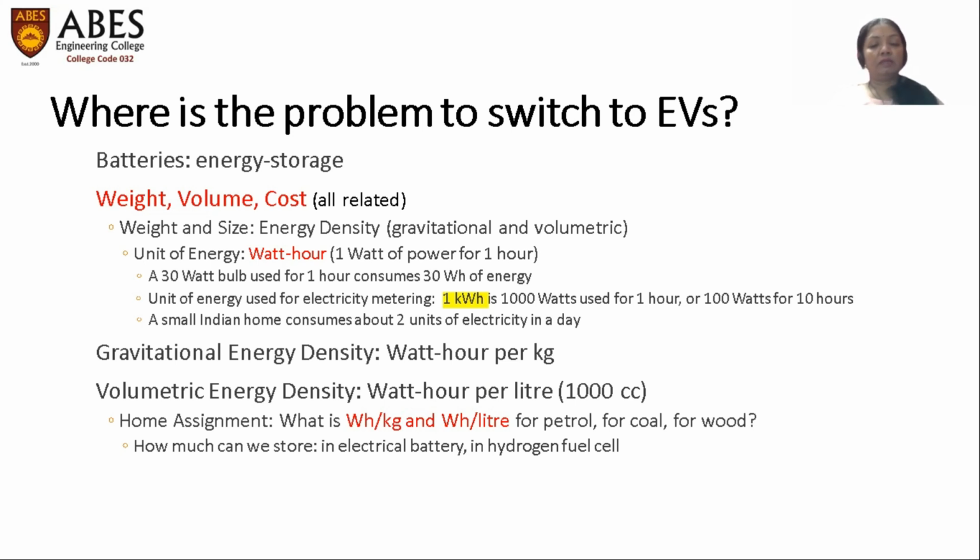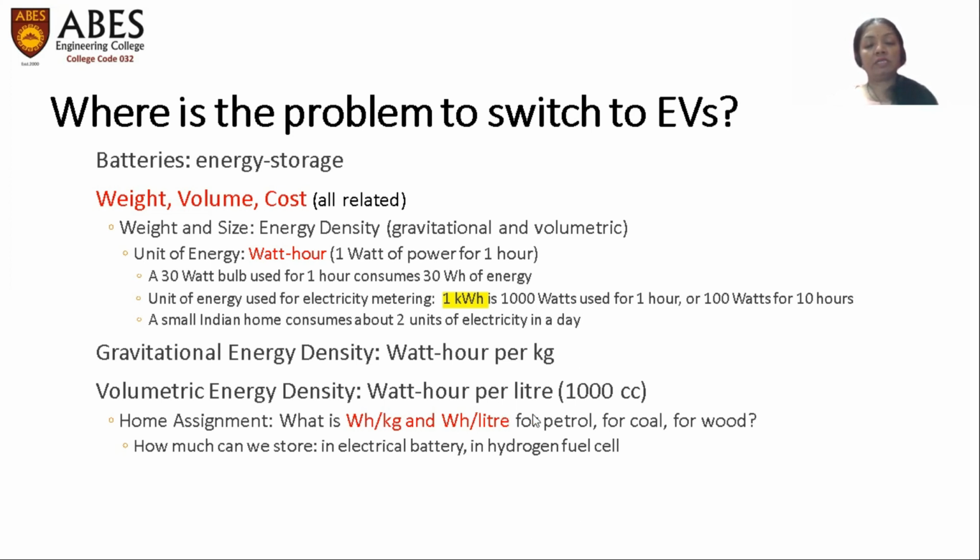Here there is an assignment, a little work to do on Google itself. First, you need to look at the traditional fuels, that is wood, coal, then petrol, diesel, and then the energy stored in the battery, and the future of the battery, which is the fuel cell.